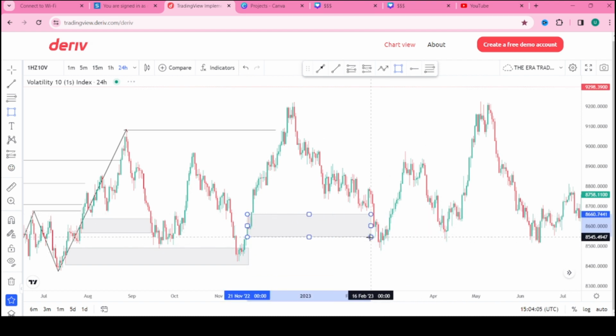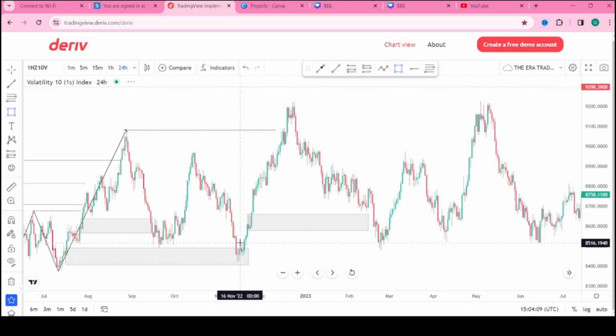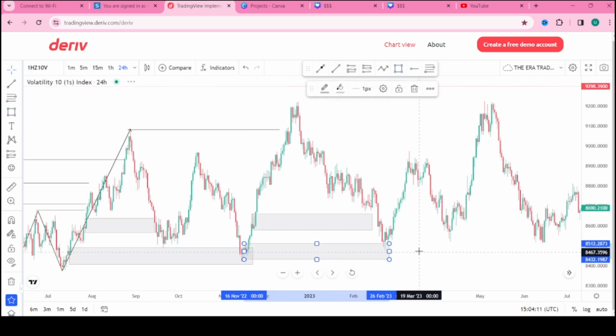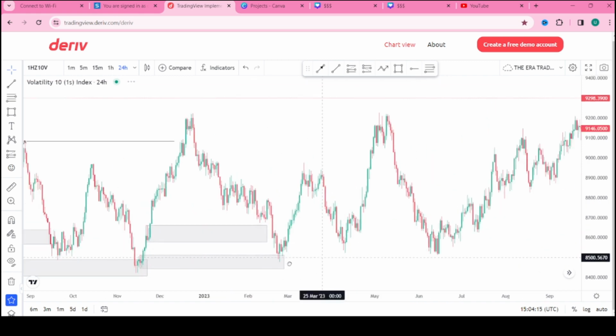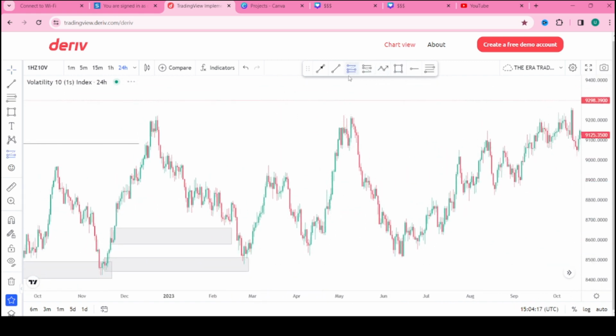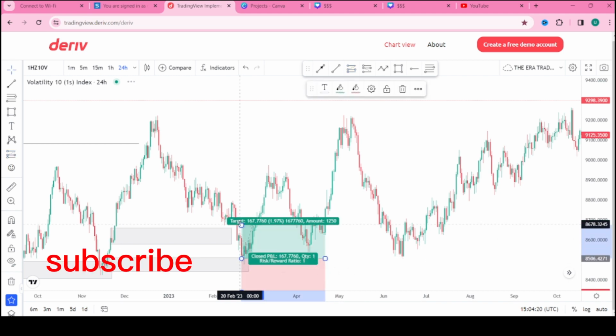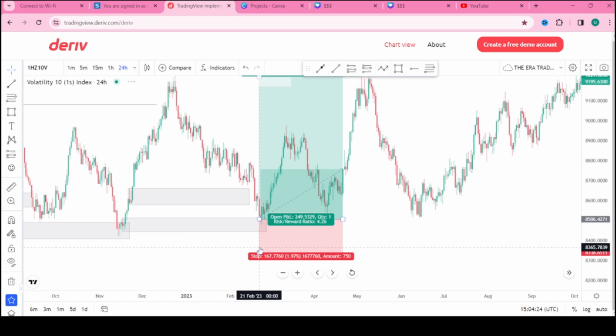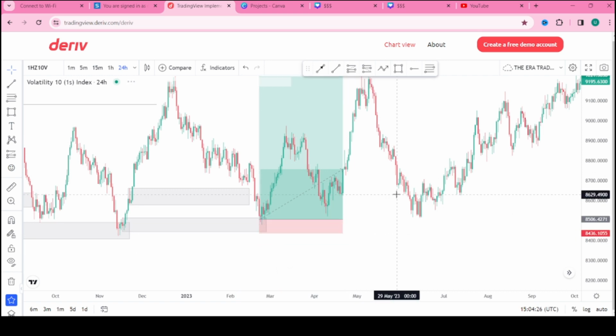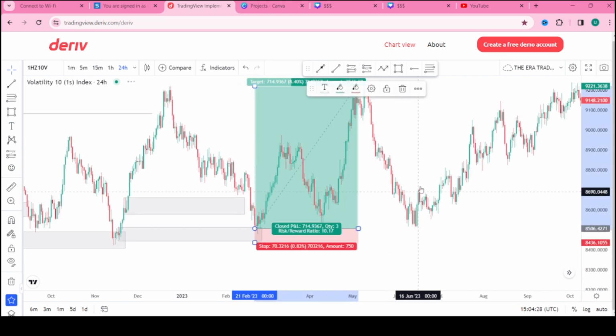The first one I saw was this. The second one is this deep one, and most of the time the extreme one works perfectly. You can see price came into the order block, and from there we will be targeting the previous high or any external range liquidity that you see in the market.